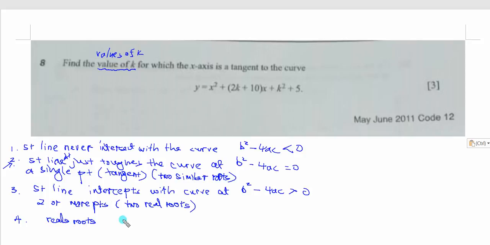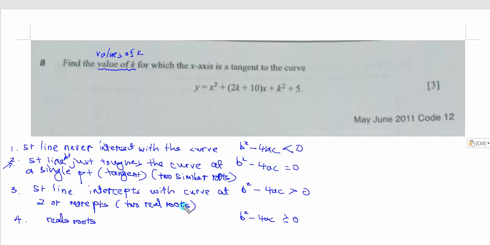So for cases like that, you will take b square minus 4ac equal or bigger than 0, because it never specified similar roots or one root.